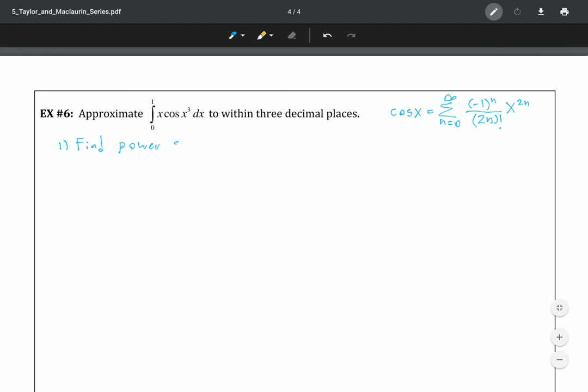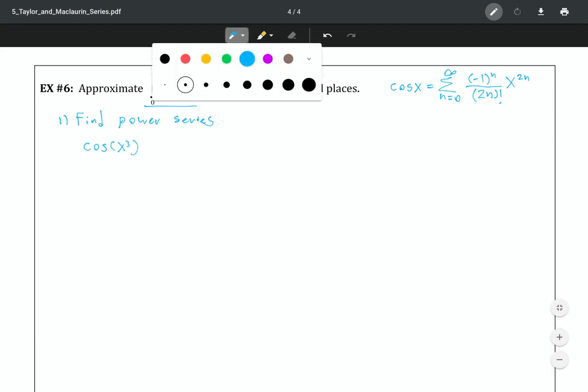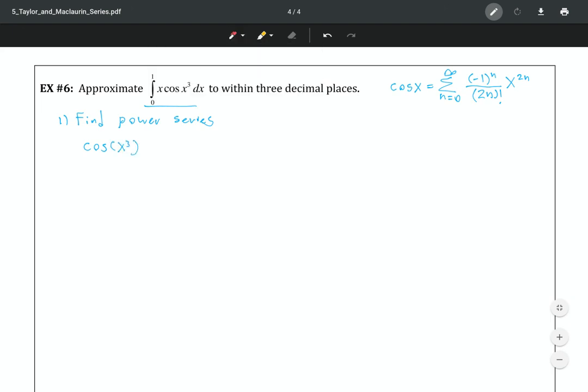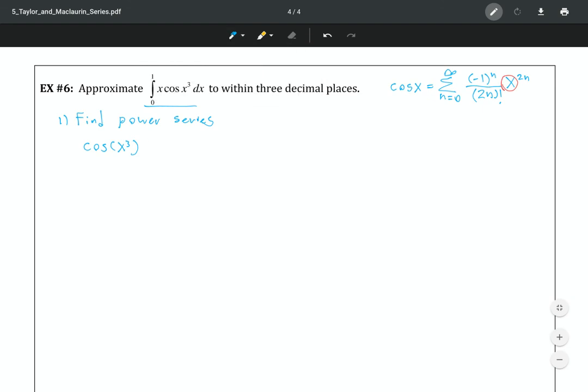We have the cosine of x cubed. So really all I'm going to do, and it's very similar to your homework, is replace this right here with x cubed. And I'm going to rewrite the series basically exactly the same. Nothing really is going to change except that x now becomes x cubed.